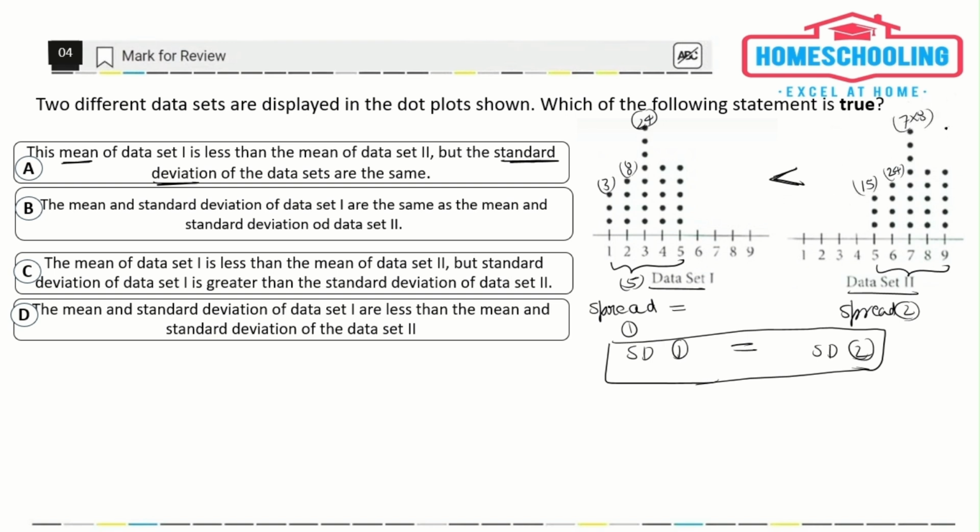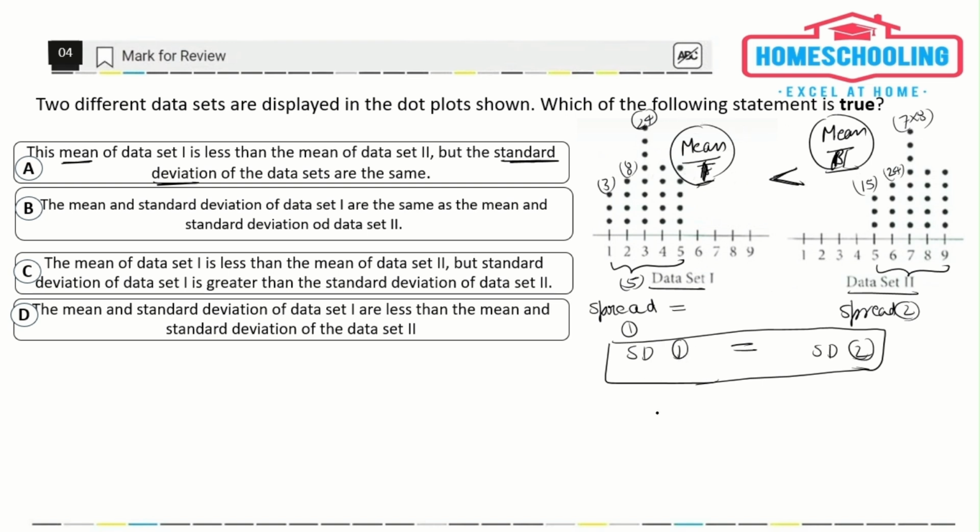If we add all of them and find the mean, the mean of B will be greater than the mean of A, because here the sum of the observations was 3, 8, 24, and here the numbers are 15, 24, 7 into 8, 56. So the numbers are higher in data set 2 as compared to data set 1. So the mean of data set 2 will be greater than the data set 1 mean.